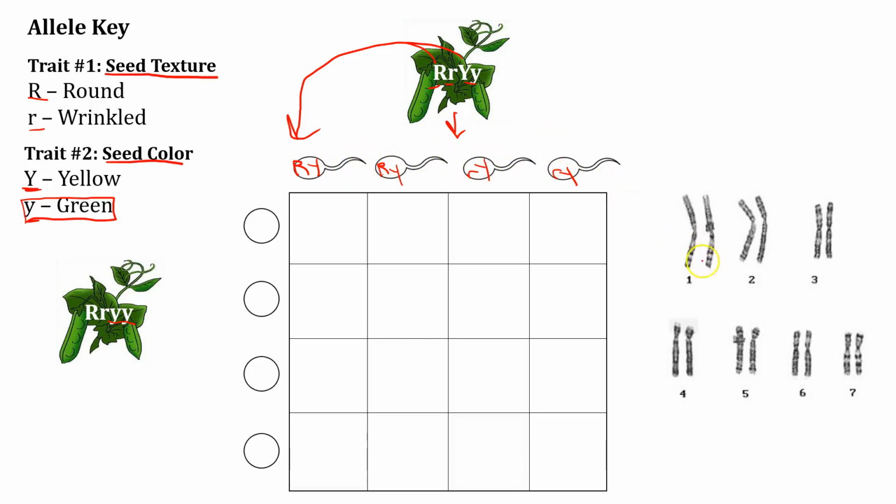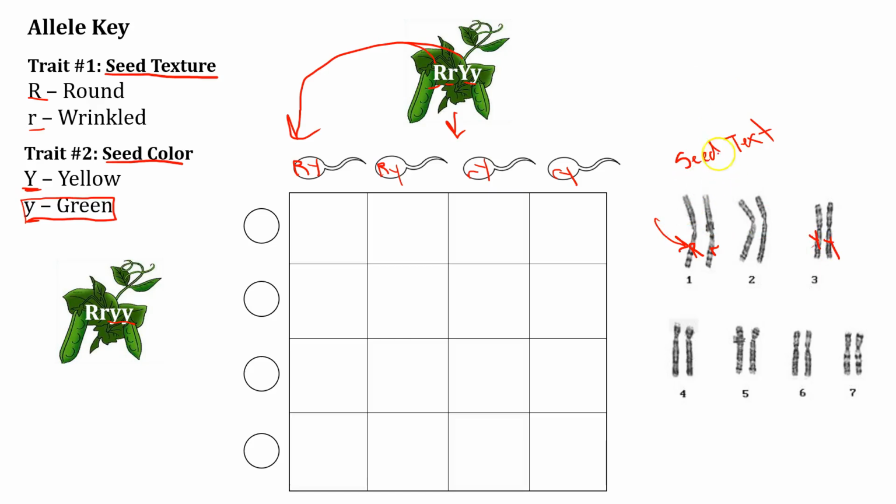Well, that assumes that these are on different chromosomes. So let's say seed texture was on chromosome number 1, with the big R and the little r, and the genetic information for seed color was on chromosome number 3, with a big Y and a little y.